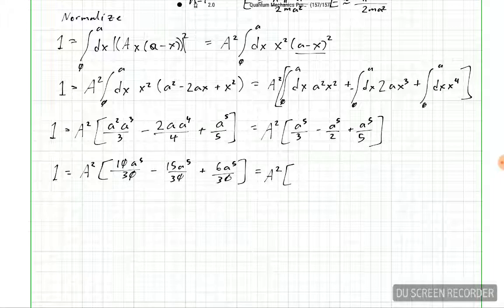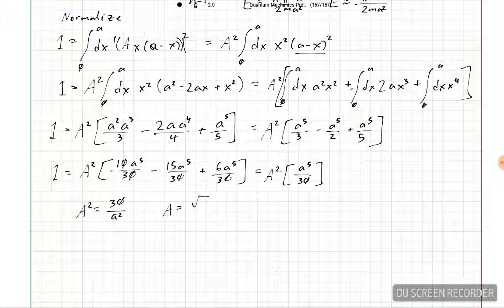So 10 minus 15 is -5. -5 plus 6 is just 1, which is rather convenient. Now what I have is a squared equals 30 over a to the 5th.